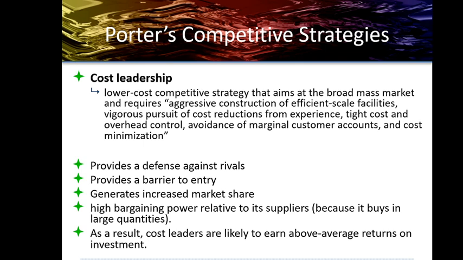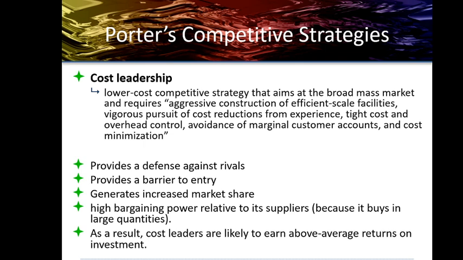But if you take this strategy into consideration, your production should be massive. It means that you have to produce in high volumes of units. Why? In order to reduce the cost. As we all know, when you have a massive production, then your fixed cost will be less.